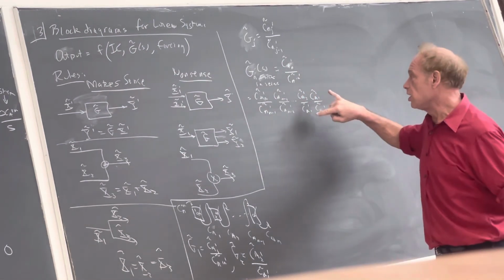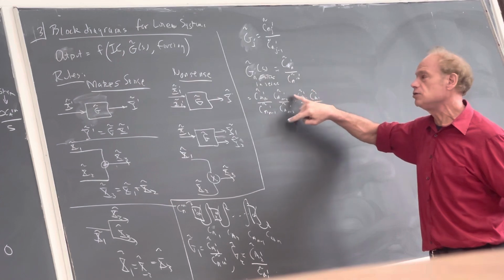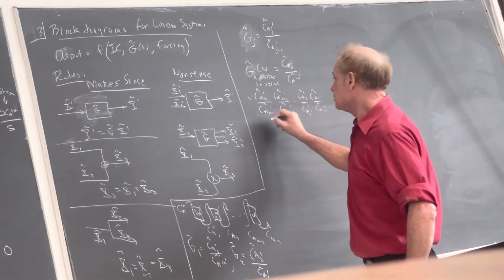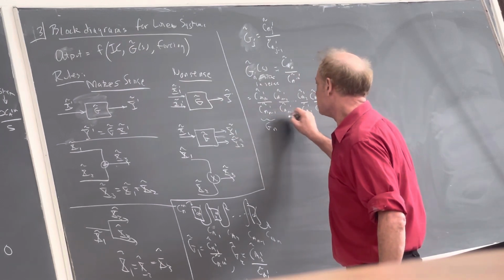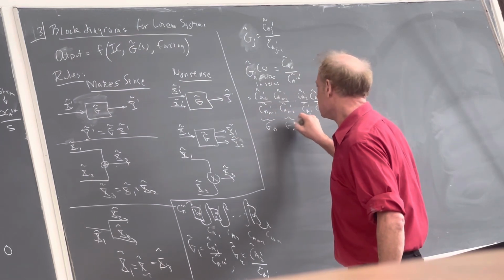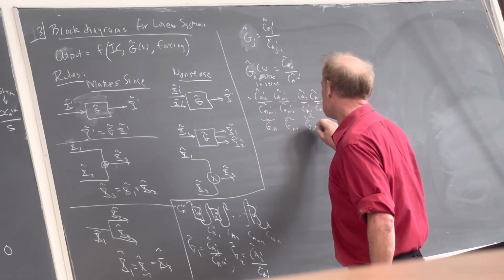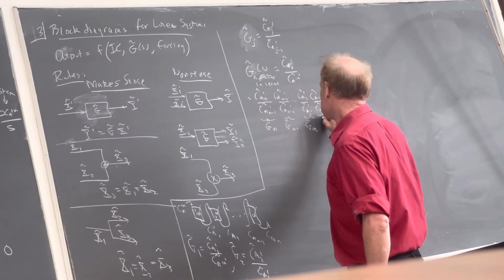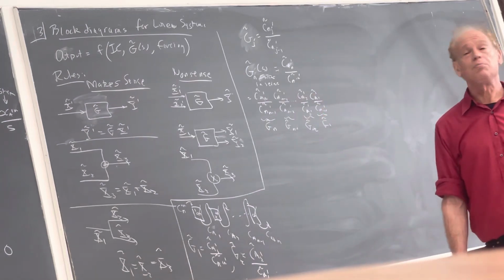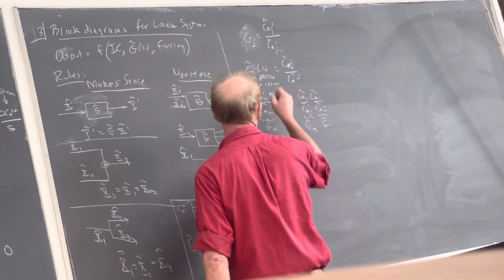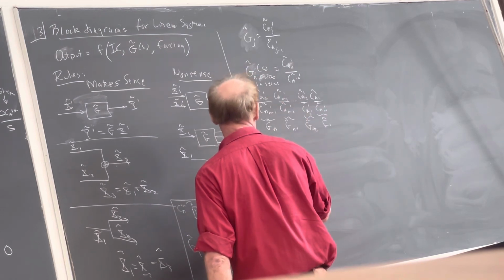All I did was multiply and divide by CA1, CA2, dot, dot, dot, CAN minus 1. But this is just GN. This is GN minus 1, G2, G1 tilde.